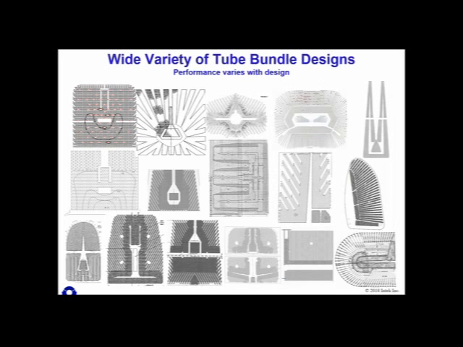So I've included on this slide an array of different ones. This is another Southwestern Engineering one. This is another Ingersoll Rand. Here's another Westinghouse, but very different from bundle to bundle, all with their own unique performance characteristics.